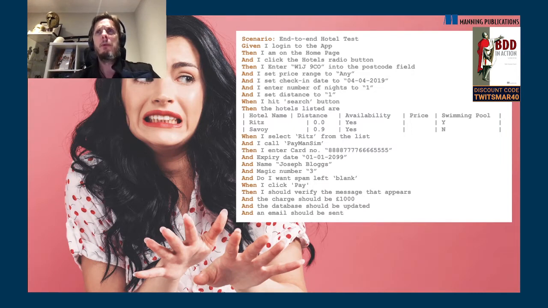Another problem we found was that this format, this given when then notation, lends itself to abuse. It lends itself to very bad test scripts like this one. You see a lot of this sort of formatted given when then. Basically, 90% of cucumber scenarios are rubbish out in the wild.